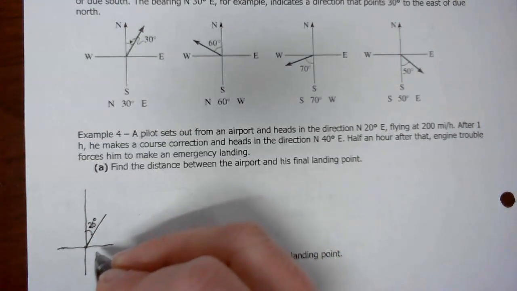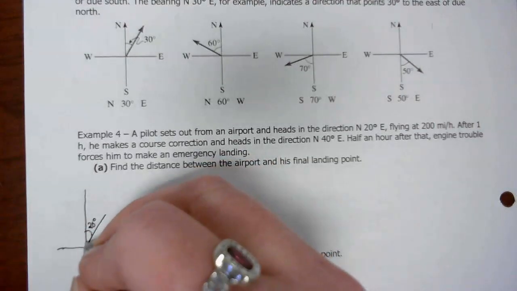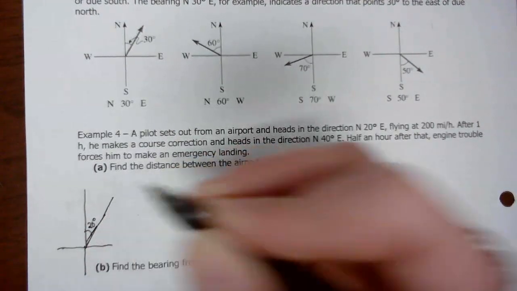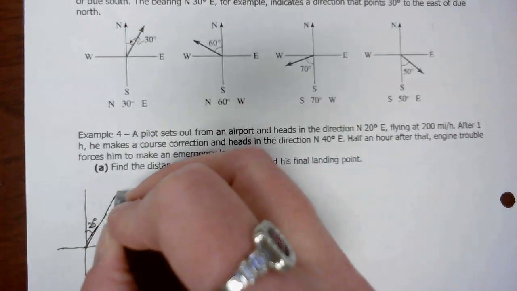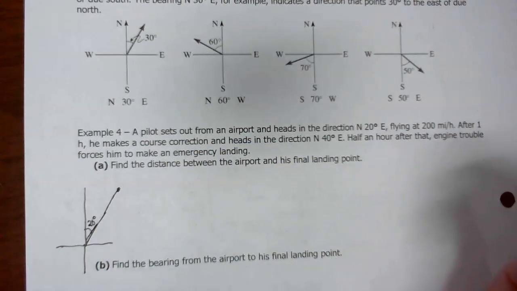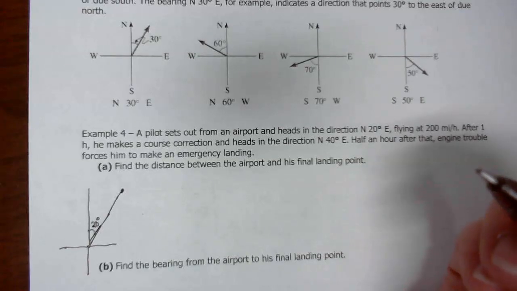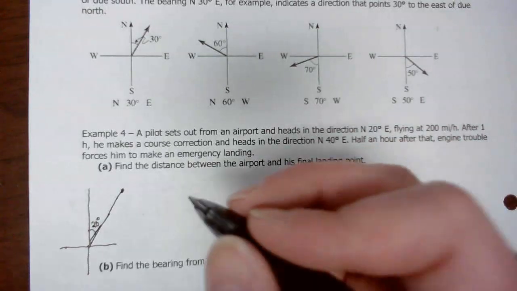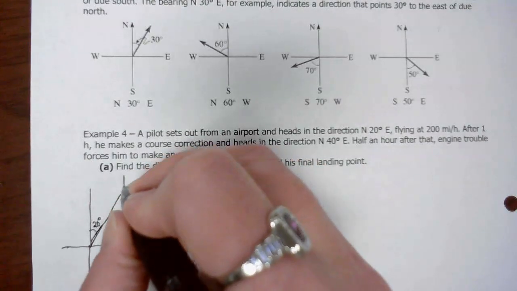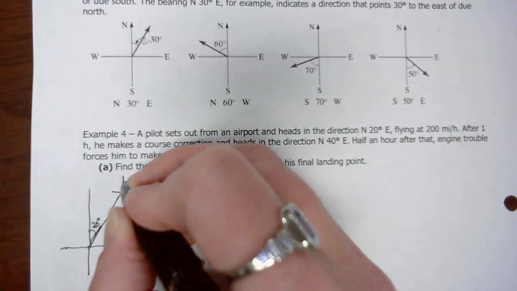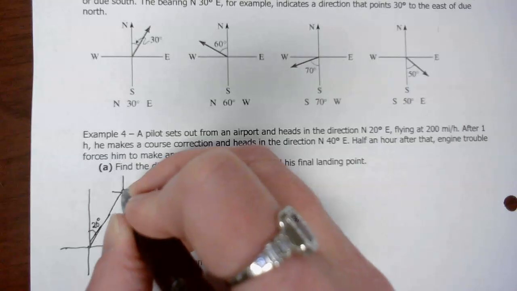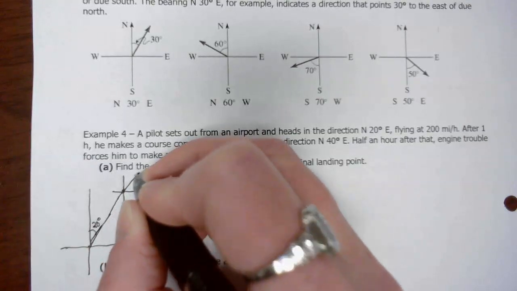And he goes along flying at 200 miles per hour. After 1 hour, he makes a course correction. So he goes here and he gets to this point, and at that point he starts heading in the direction north 40 degrees east. So I'm going to make another little cross. North 40 degrees east. So that would be a little bit more.